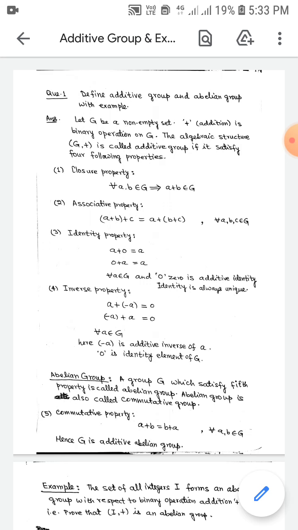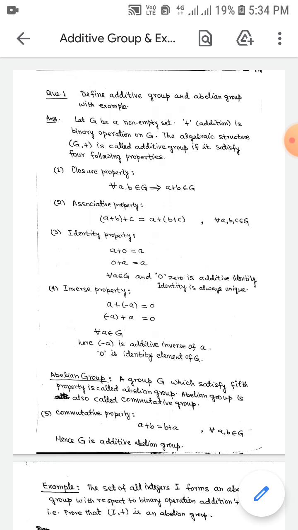Inverse, opposite. How can we explain the opposite? The opposite of A in terms of addition is minus A, and the opposite of A in terms of multiplication is 1 by A. So if we add an opposite number, we get the identity, so our inverse property is satisfied, which can be defined as A plus bracket minus A equals 0, or minus A plus A equals 0.